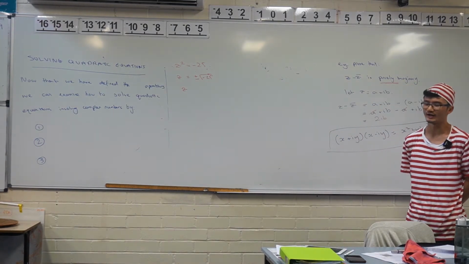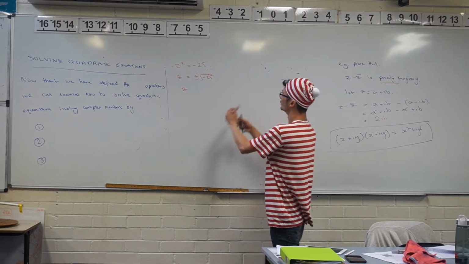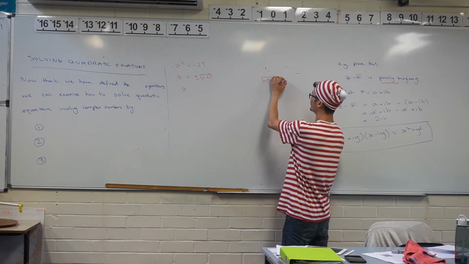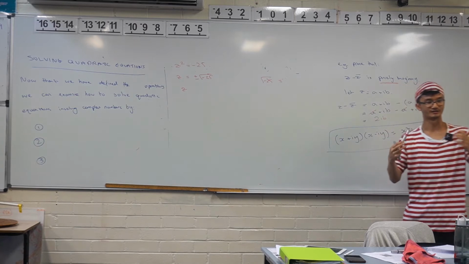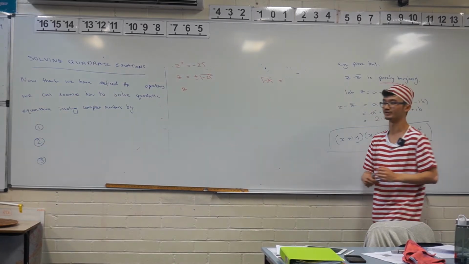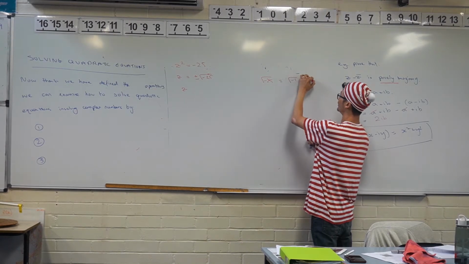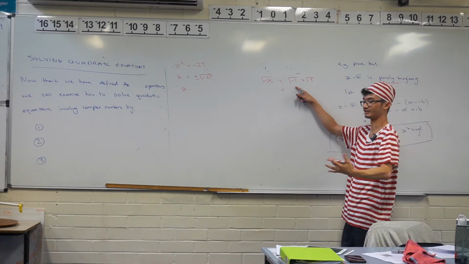And remember, I said that we can look at this. If I just go back to the square root of negative 25 for a second, I said that we can approach this in two ways. We could either say that we can break it up as a surd, right? So we could say, for example, that this is just the square root of negative 1 times the square root of 5. And the square root of negative 1 we know can be written as i, right?